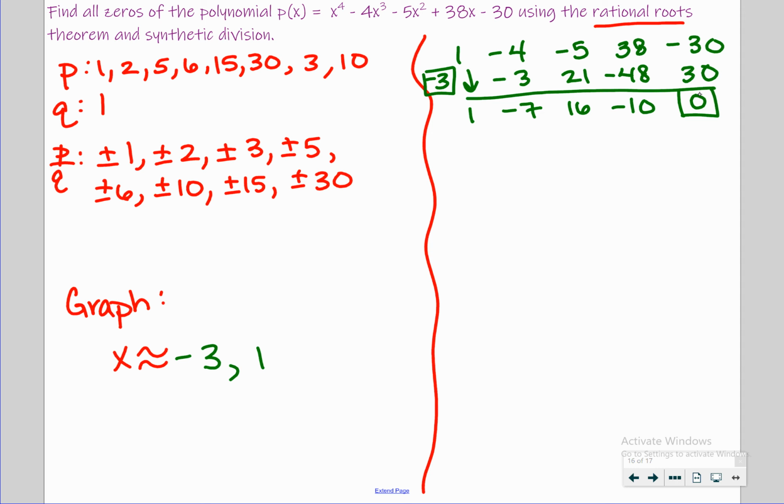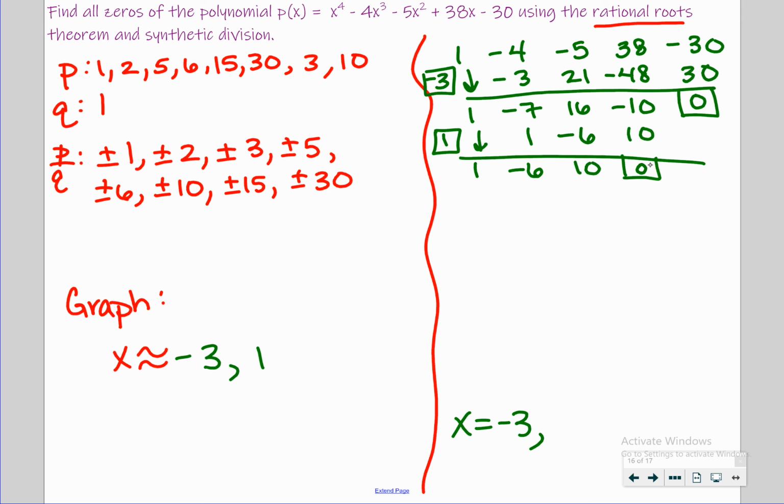Okay, that one's good. First answer is -3 for sure. Now I have a cubic, so I need to keep going. Let's divide 1 in. Bring it down. Multiply, add, multiply, add, multiply, add. Okay, so 1 definitely is another solution.